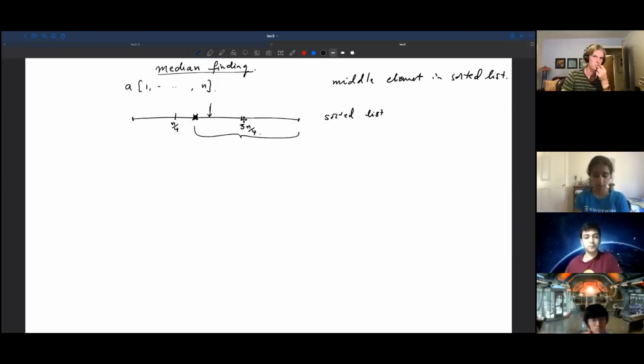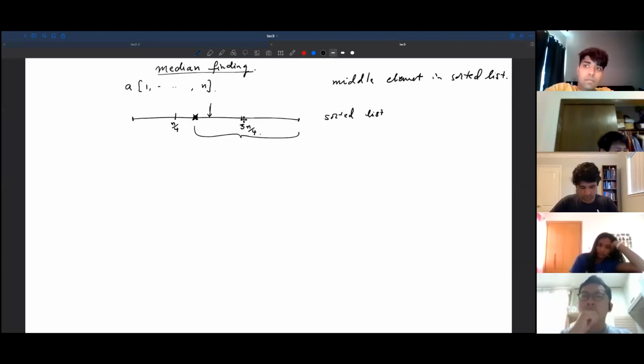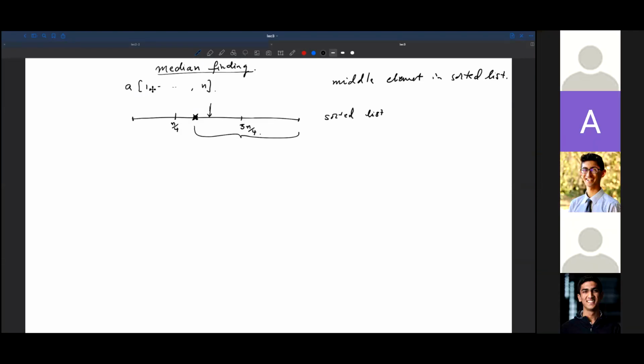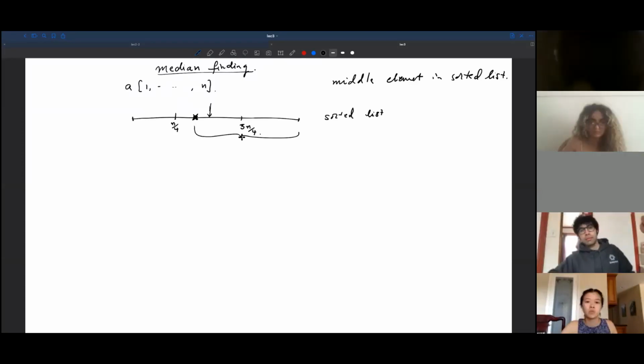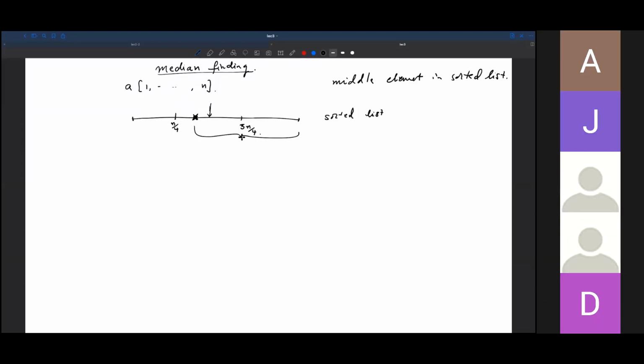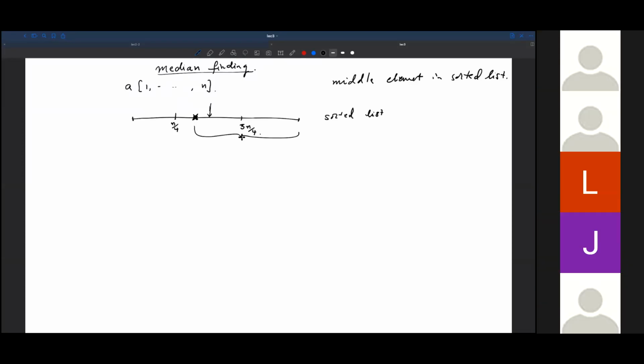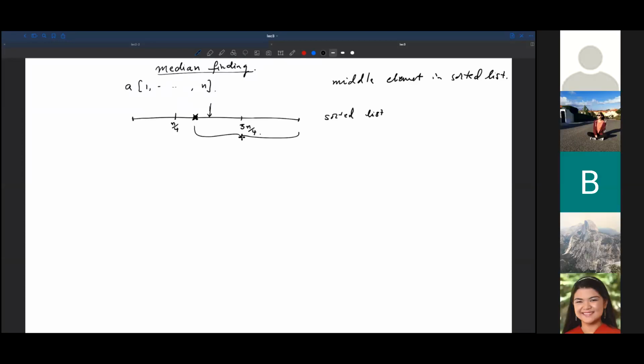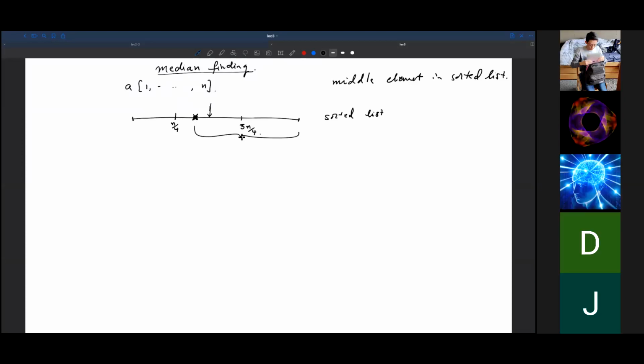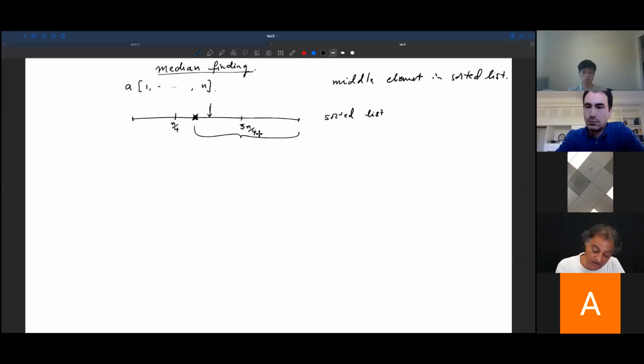Then what I could do is compare this element to every element in the list. So I'd be able to break my list into two pieces. Then I know that the larger of the two lists is certain to contain the median. But also, if that larger list has size n over 2 plus k, then I now know that I want to find the kth element from the bottom, the kth smallest element.